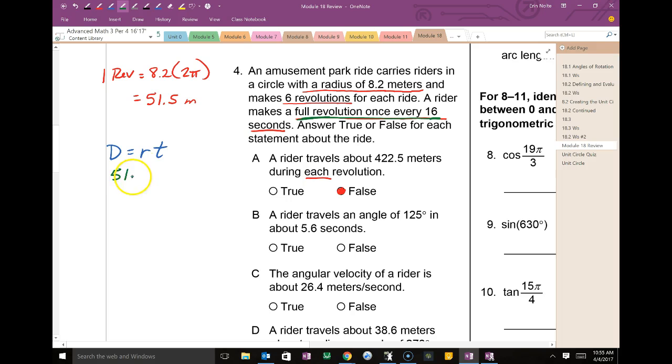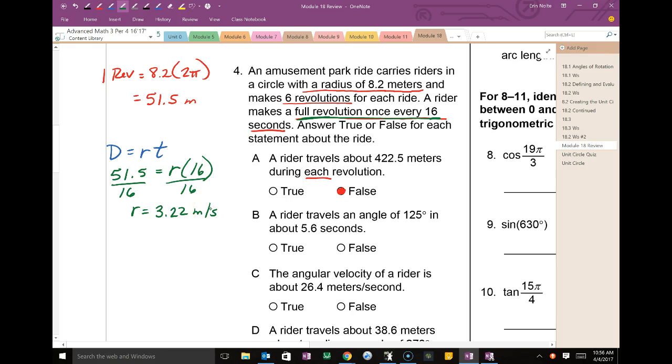So 51.5 is equal to R, which we don't know, multiplied by 16. We divide by 16. So can somebody please tell me what 51.5 divided by 16 is, and we will figure out how fast we are moving. 3.22, and we're talking meters per second.